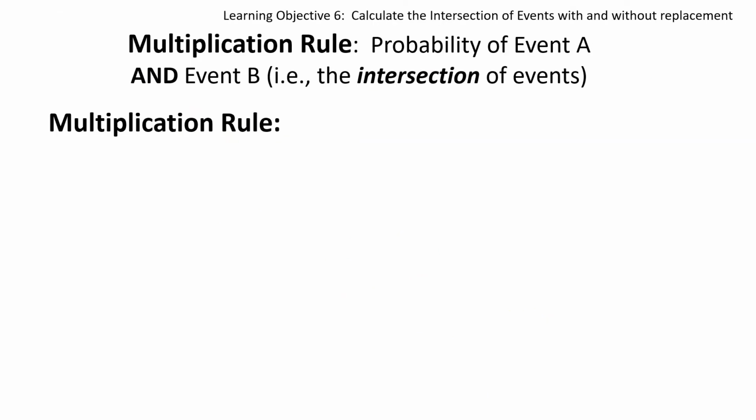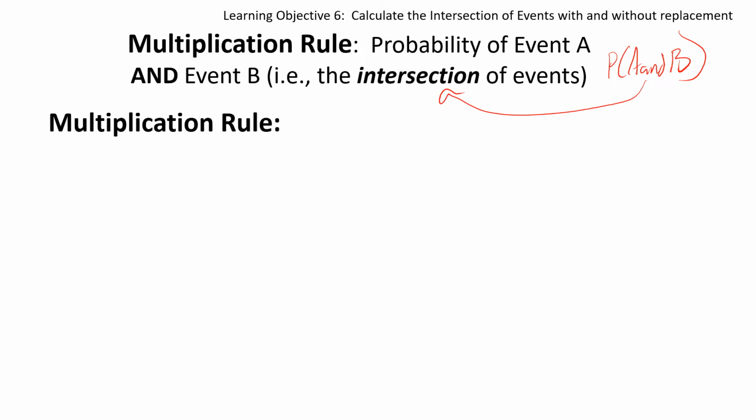So next we're going to talk about the multiplication rule. And you'll notice the multiplication rule is actually the same as something we've already talked about, and that is the probability of A and B. I actually used the term intersection when I talked about it.